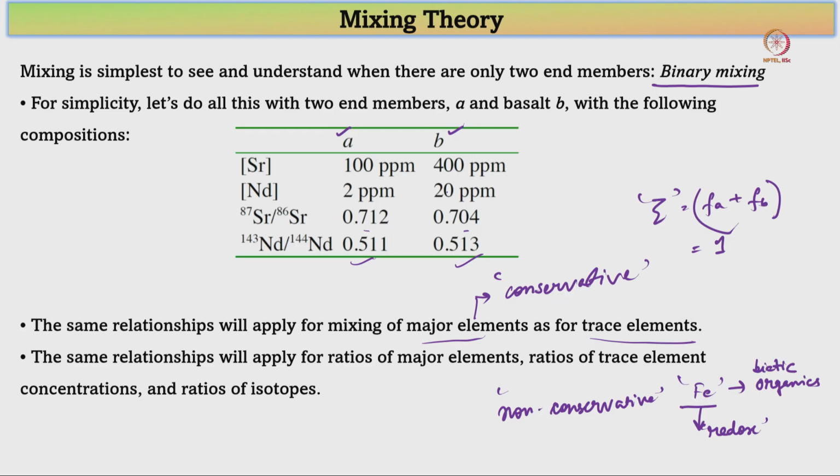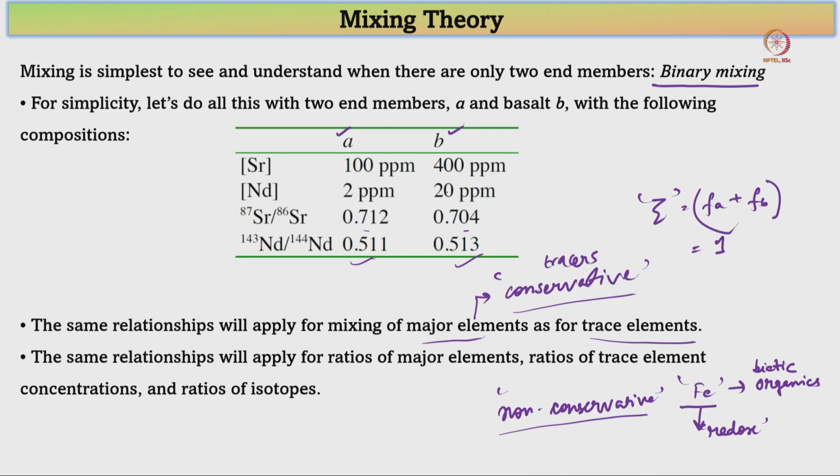So, when we are selecting elements for such a mixing calculation, we always have to keep in mind that we use the conservative elements and we do not use non-conservative elements. You will see in mixing related problems, the only tracers that are used are conservative tracers, because for them we know that their sum is equal to 1.